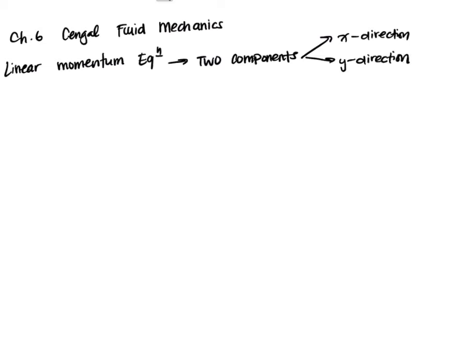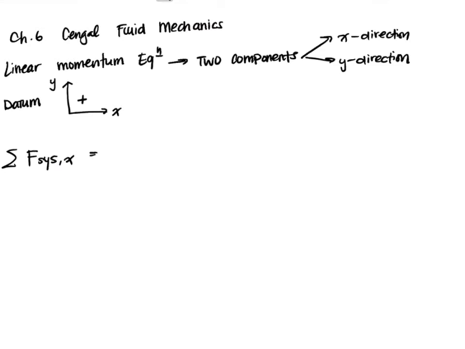And we must consider these components relative to our datum. The datum that I'm always going to be using is positive up in the y direction and positive right in the x direction.